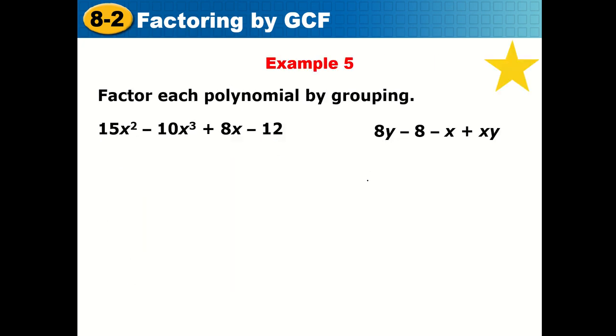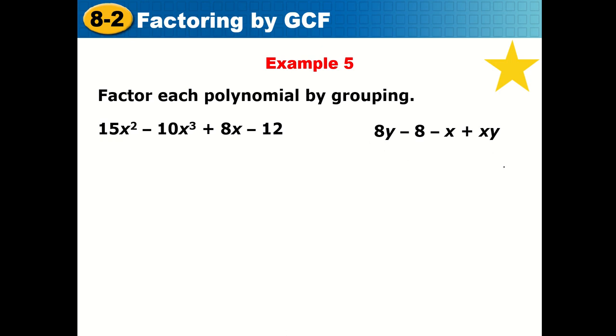Okay, so I want you to take a minute and I want you to solve these ones. Okay, so hopefully you took a minute and you solved these ones. This one, you might be going, oh my goodness, Mrs. Gomes, I have no idea.